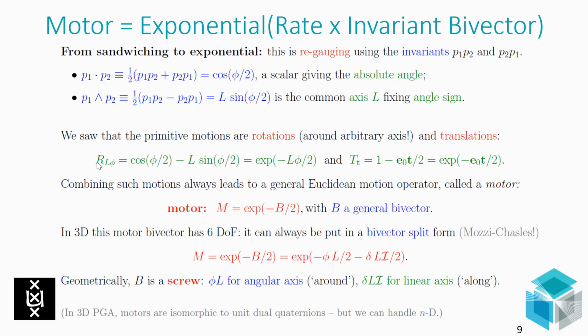Well, we've seen two elementary motions, the rotation around a line and the translation along a vector. Of course, if you combine those in general, and you do that in n dimensions a lot of times, then you will get something that is more general. Now it is no longer one of those simple bivectors that I have here in the exponent, but a general bivector. I can always decompose that into a rotation around a line combined with a translation along a line, and that's the classical Chasles theorem.